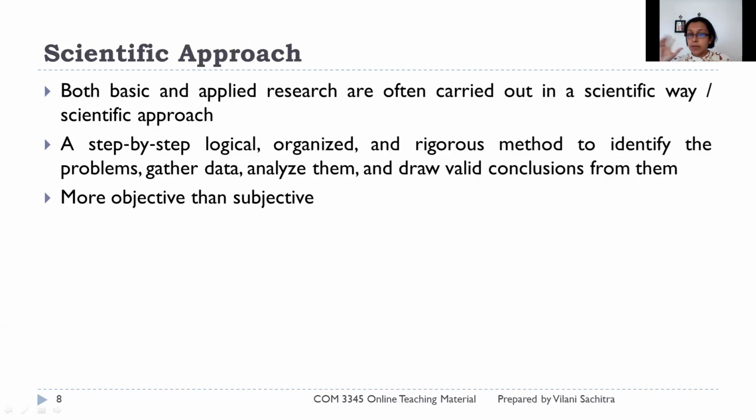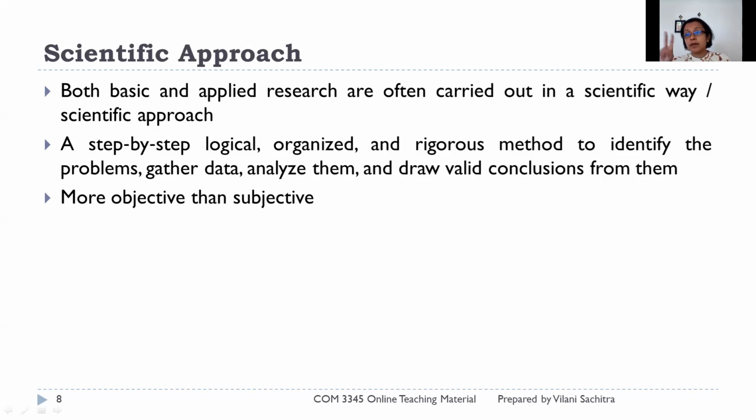Okay. So I believe you are now familiar with what research is. We discussed why organizations need to know about research, and under that, why managers need knowledge about research.